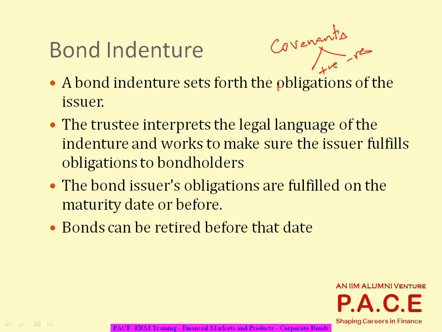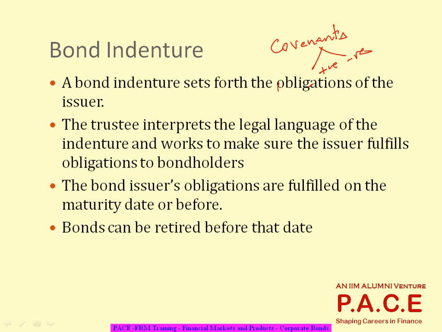The issuer says, I'll pay you this much for each bond today, the bond will have a 5-year maturity, on maturity this much amount would be paid, and in the meanwhile some interest would be paid every year. These are the features of the bond.